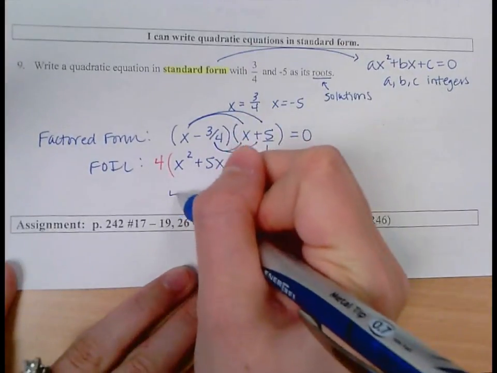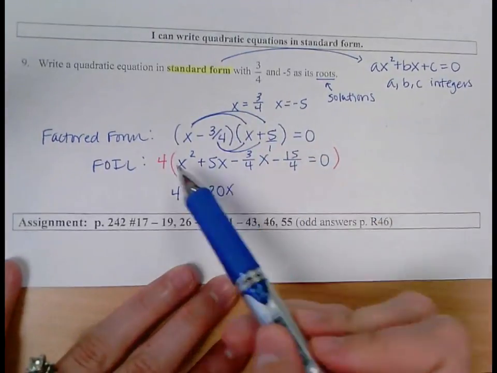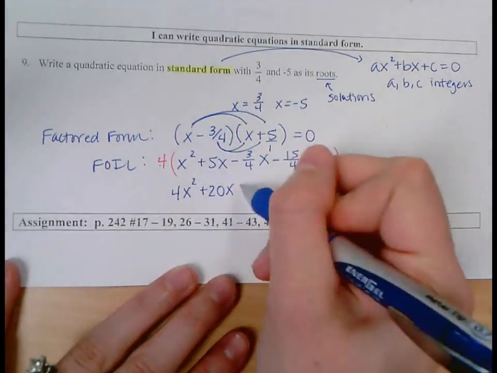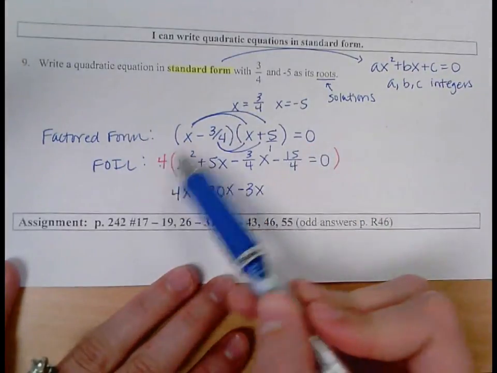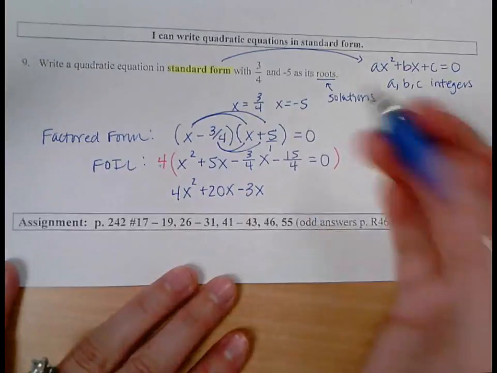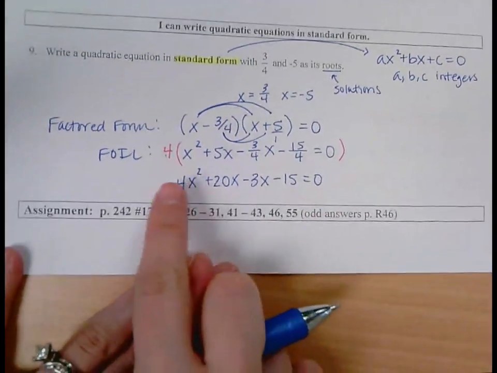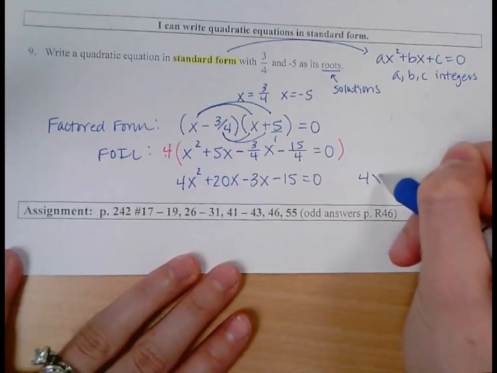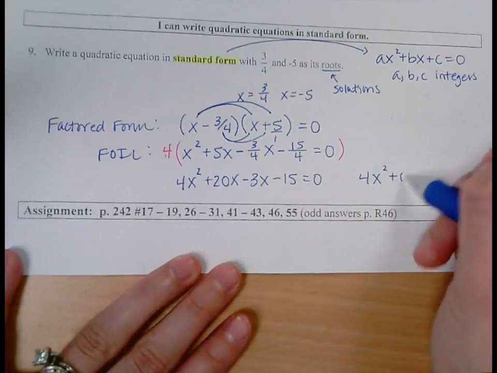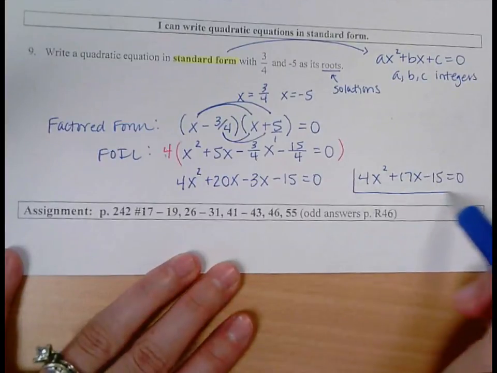So I would then have 4x squared plus 20x, and then when I multiply 4 by -3/4, the 4's cancel, so minus 3x, and then 4 times 15/4, 4's cancel, so minus 15. And then I just need to combine my two middle terms. 20x and minus 3x is 17x. So altogether, it's 4x squared plus 17x minus 15 equals 0.